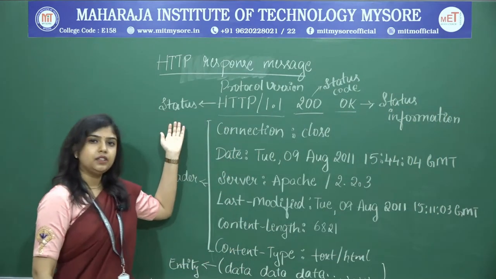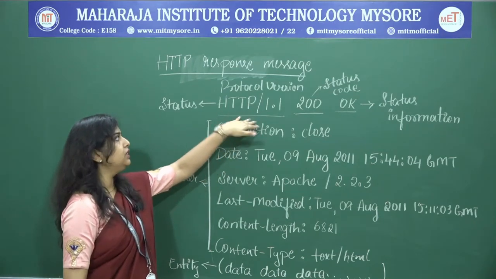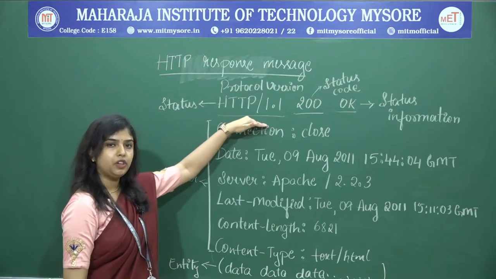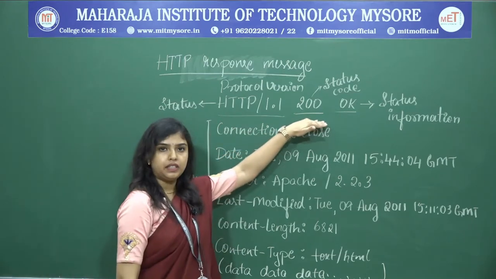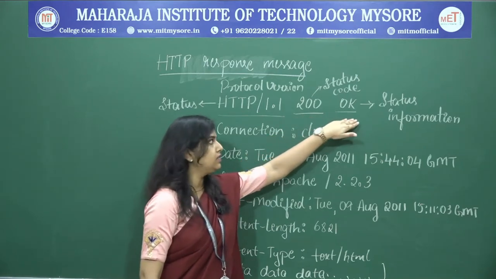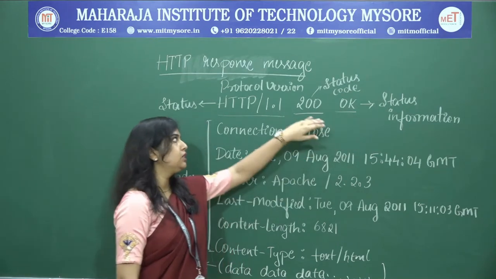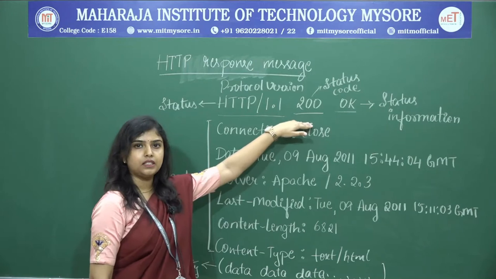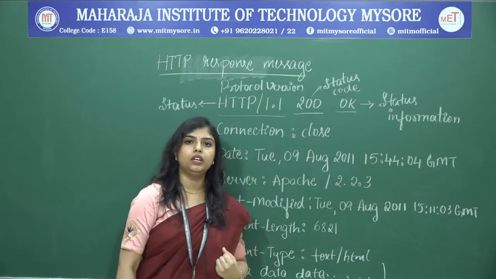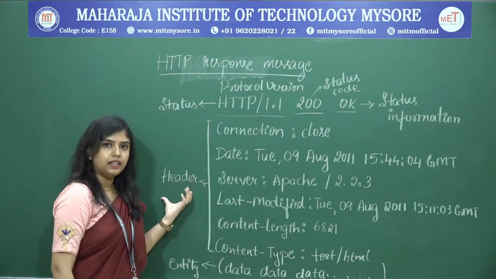First part is the protocol version, that gives the version of the HTTP which you are using. Next is the status code, this I am going to explain later, and this status information, what is the information which you are receiving. 200 means the request is successful, and OK is the information that will be given to the client by the server. Next is the header line.